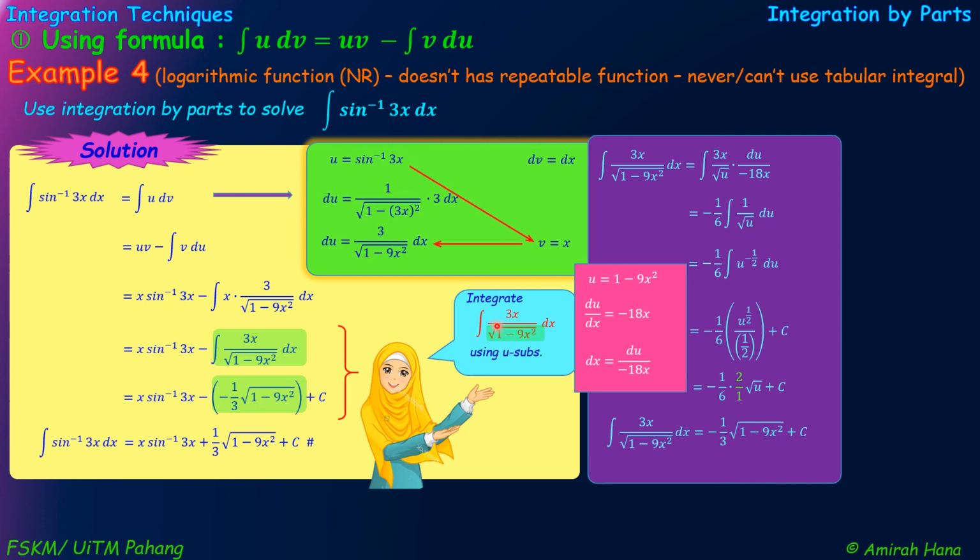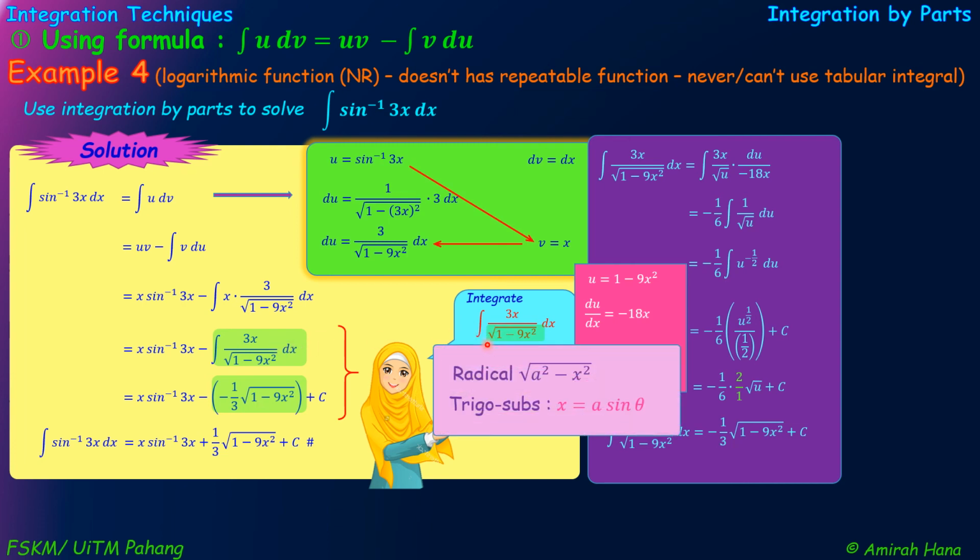Alright, from here, we also have a term containing the radical square root of a squared minus x squared. Okay, a means constant. So we can also use integration by trigonometric substitution. We can take x equals a sine theta. In this case, to find a, since the coefficient of x squared is not equal to 1, you can factorize 9.